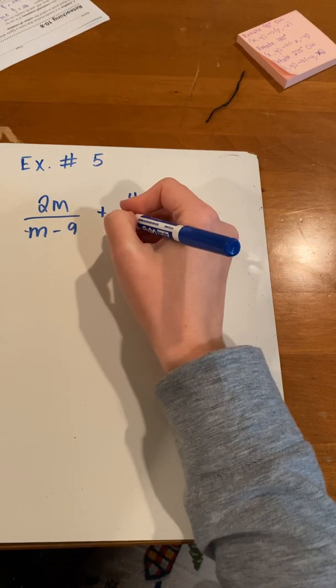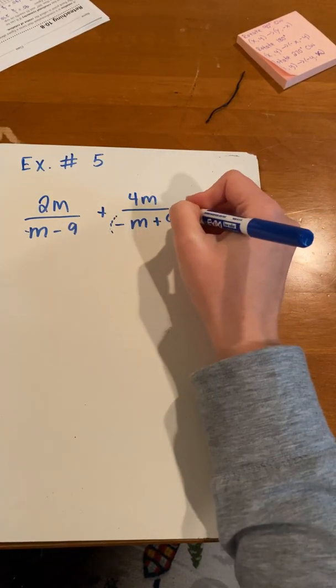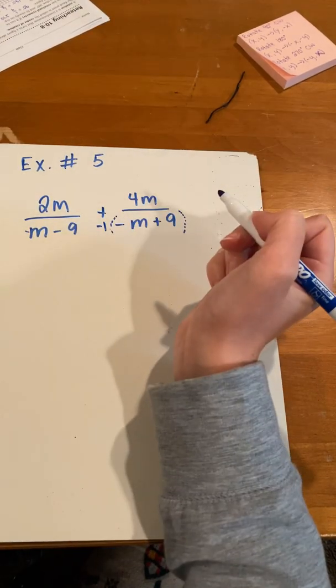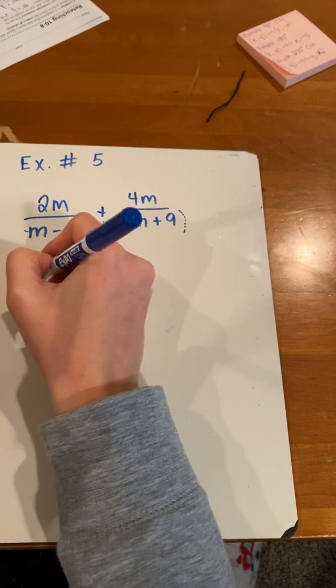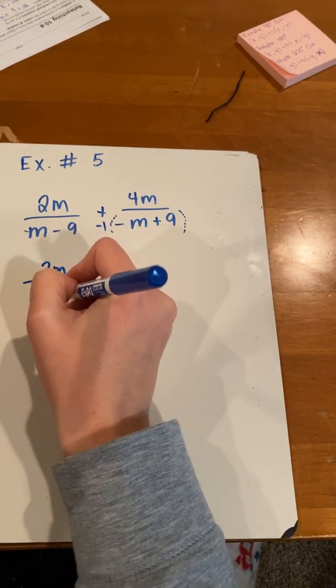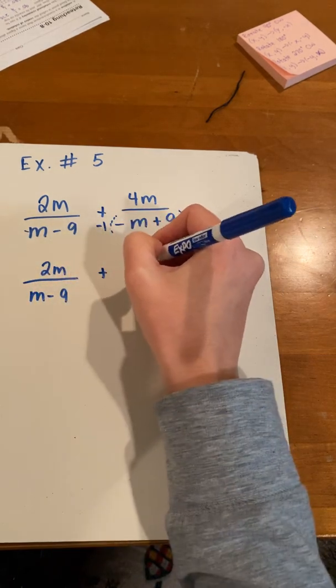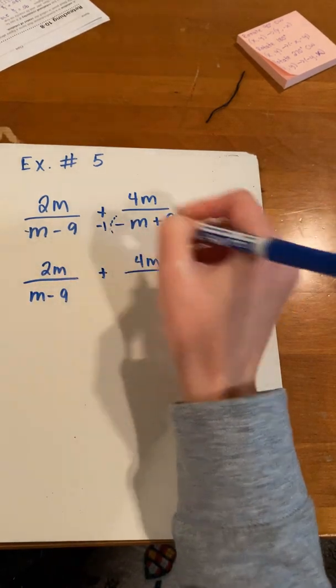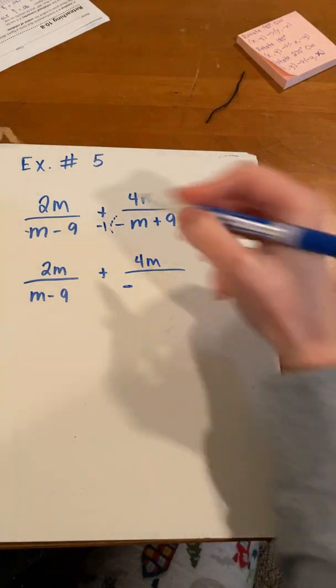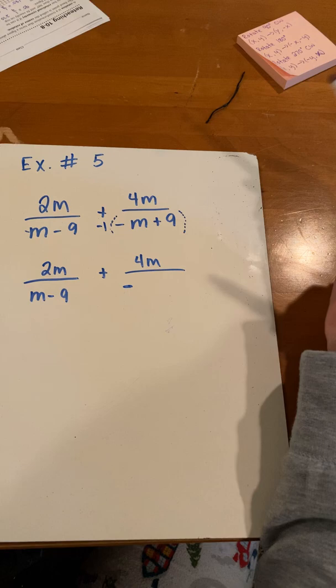Okay, you can hear my dog barking upstairs. That's okay. What happens if I pull out a negative 1 from this problem? I'm going to rewrite my whole thing, but I'll have 2m over m minus n plus 4m over, take out that negative 1, so pull out that negative sign right here, because you don't always have to write that 1.